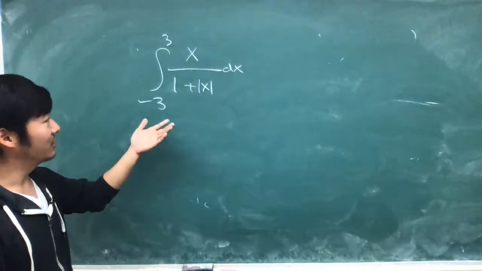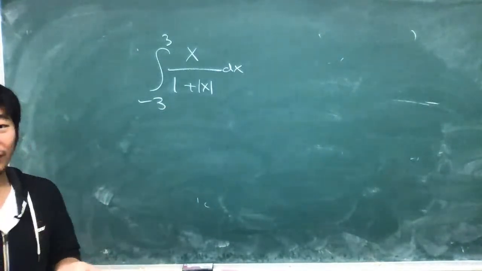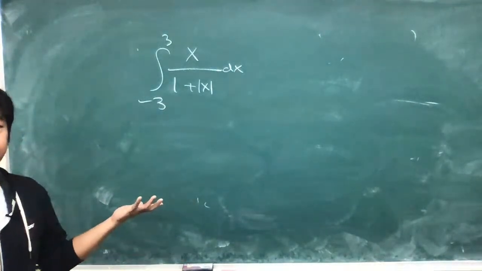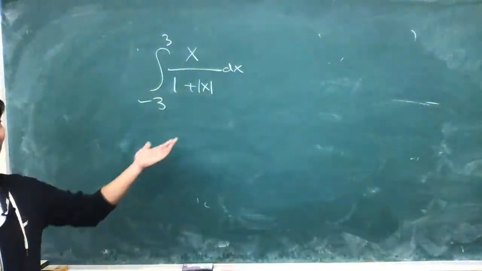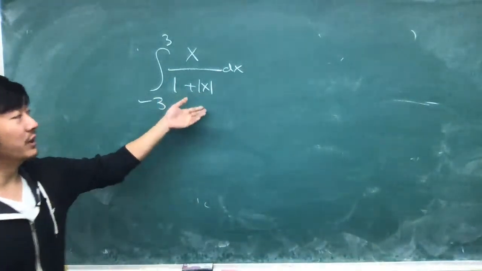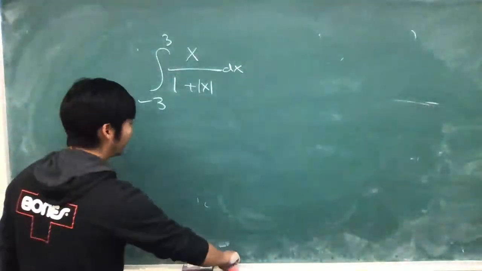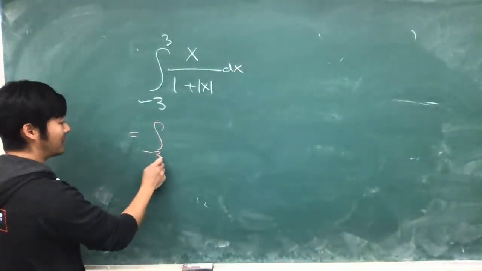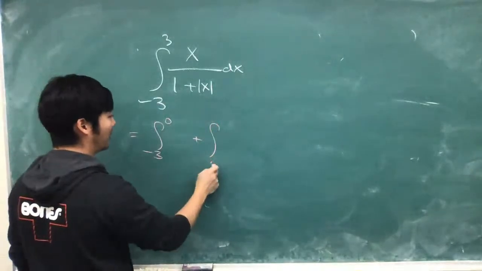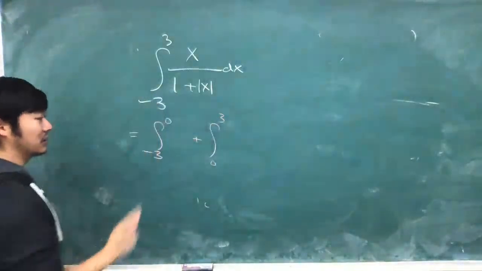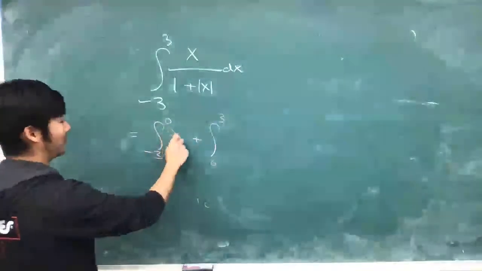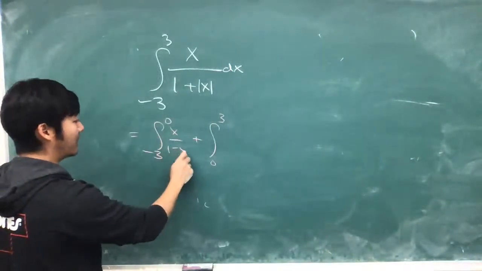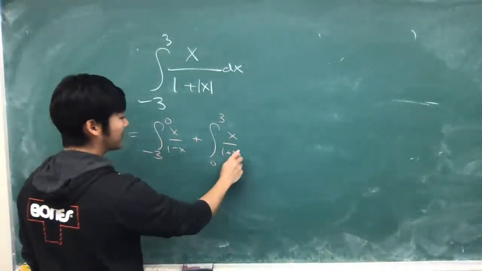So how to deal with this? Before, how did we deal with absolute values? You figure out where this is equal to 0, right? So you would maybe consider splitting the integral up like this and then using the relevant sign. So it's either going to be 1 minus x or 1 plus x.